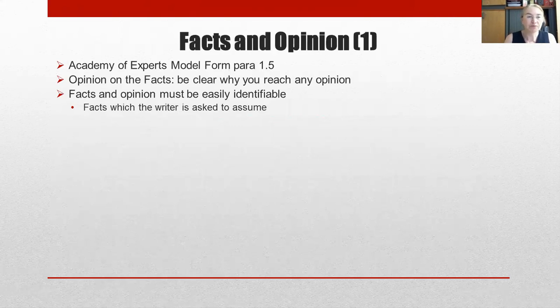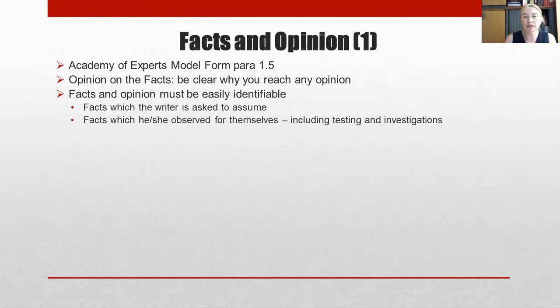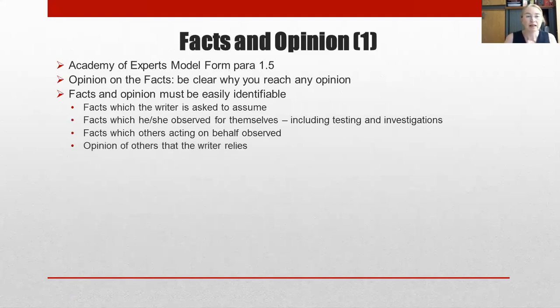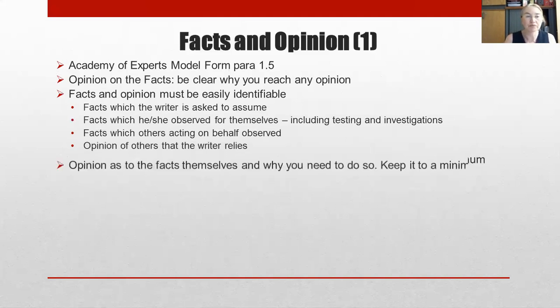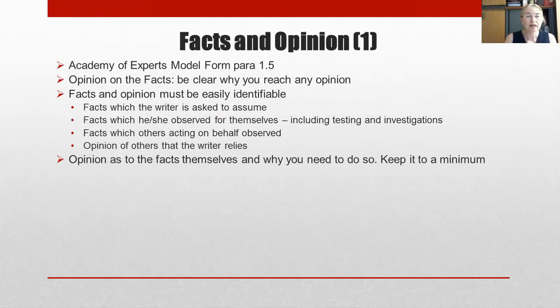So the facts which he or she observed for themselves, including the testing and the investigations, and this is what has been mentioned before. Make sure it's quite clear what tests and investigations you've undertaken. State clearly which facts others acting on your behalf have observed. Make sure it's clear what the opinions of others are if you're going to use and rely on them, and obviously the source.